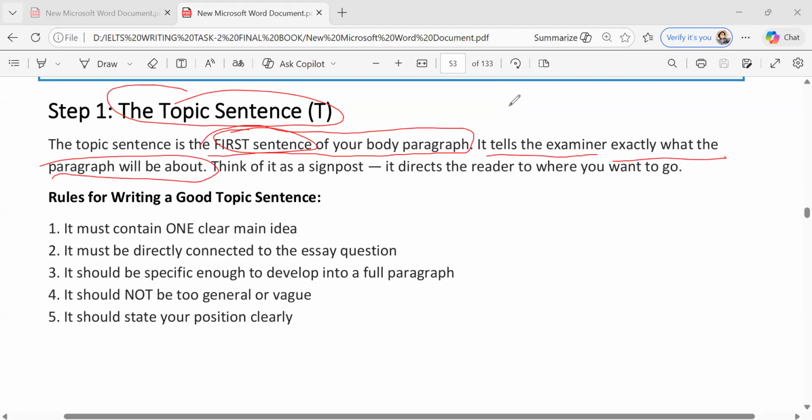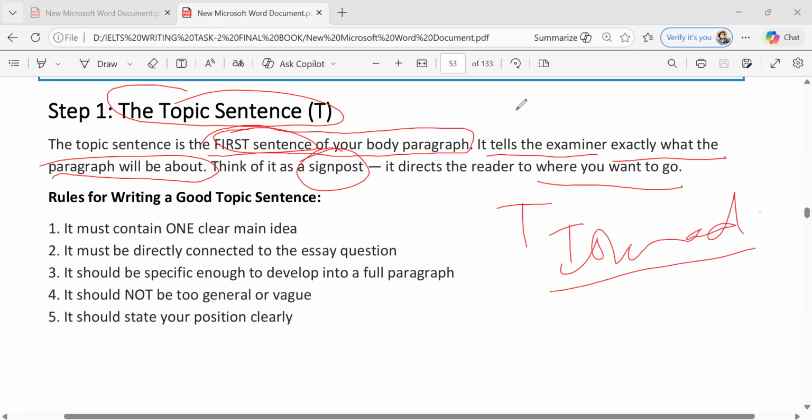If you want to write down a paragraph, first of all, we write down the topic sentence, and the topic sentence, clear, is like a signpost. Why? Because it directs the reader where you want to go. Let me give you an easy example. Suppose we want to go to Islamabad.